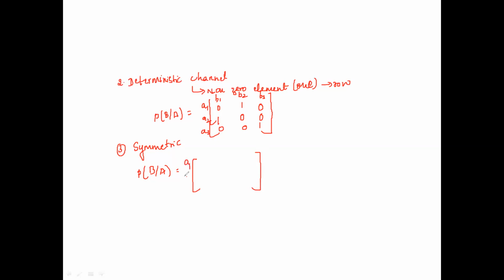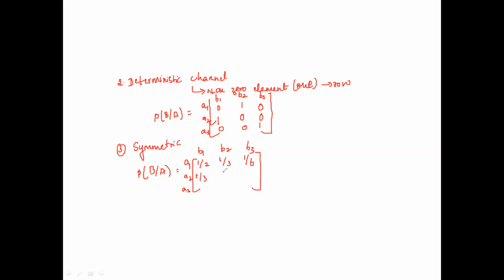Let me take A1, A2, A3 as inputs and B1, B2, B3 as output symbols. If I take the probabilities in the first row as 1 by 2, 1 by 3, 1 by 6, the second and subsequent rows will have the same probabilities as the first row, but the order may change.